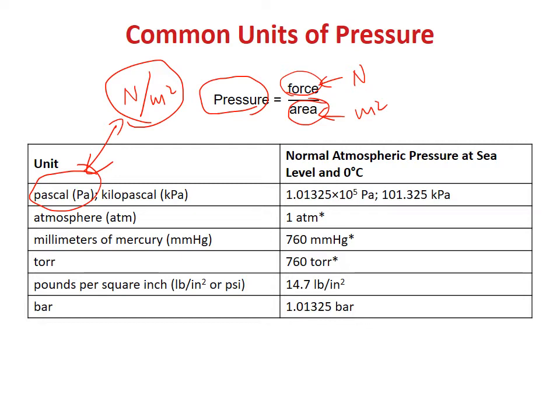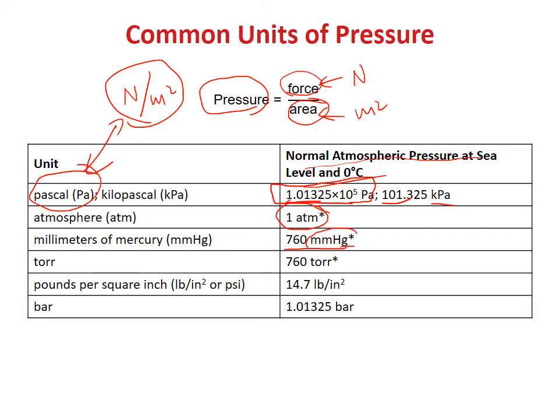The normal atmospheric pressure at sea level and 0 degrees is called 1 atmosphere, which is 760 millimeter mercury height, which is equivalent to 1.01325 times 10 to the 5th power Pascal, or 101.325 kilopascal.